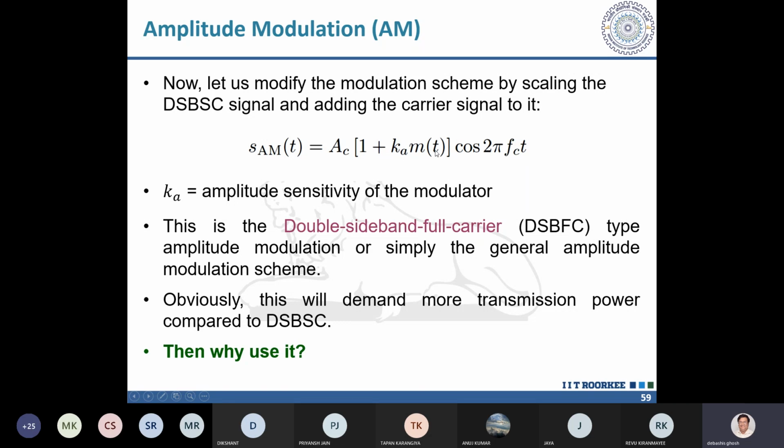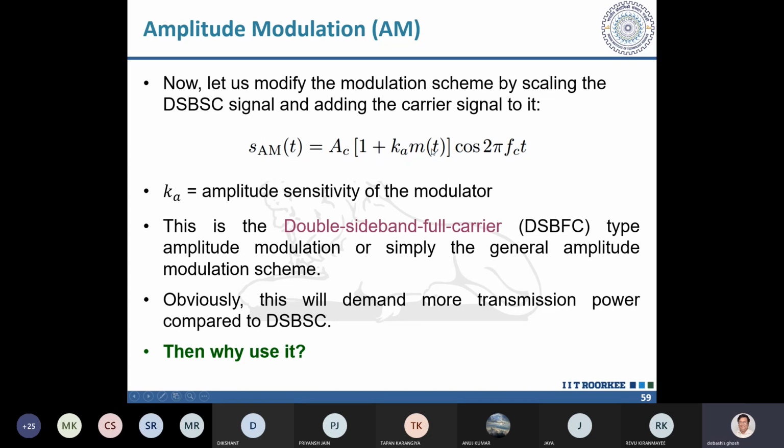If that maximum value is positive, then it will become 1 plus mu. If that is negative, then it becomes 1 minus mu.